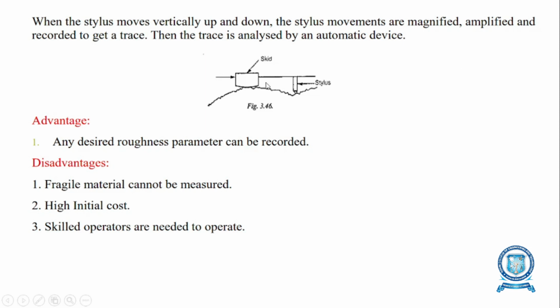I have already spoken about the skid, stylus or probe, amplifying device, recording device and output device. So this is the skid and this is the stylus. When the stylus moves over the surface of the material, the skid also follows the stylus.